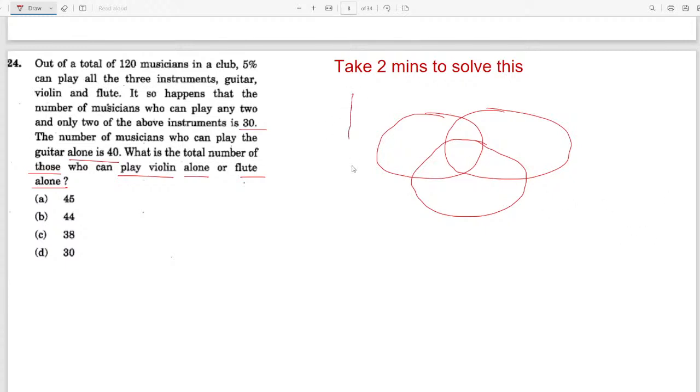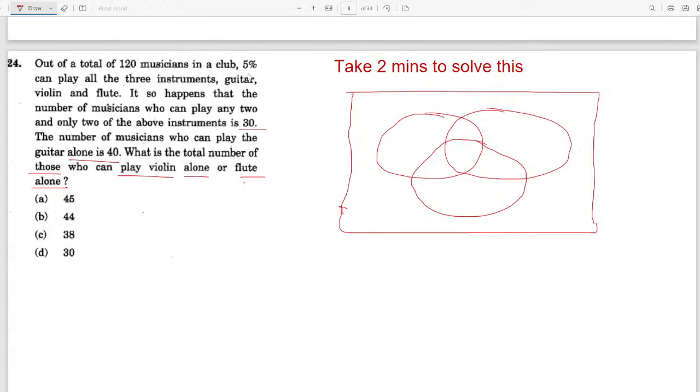So this club has 120. This is the total club. This represents the club, and in that 120 are musicians. So all of them play at least one instrument.